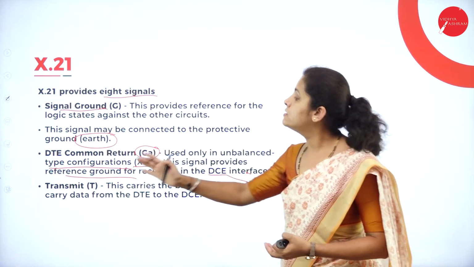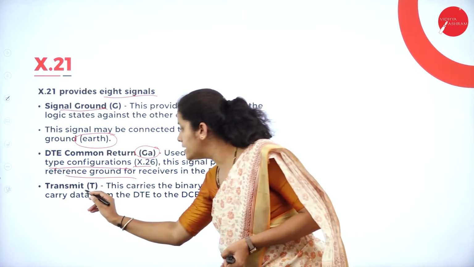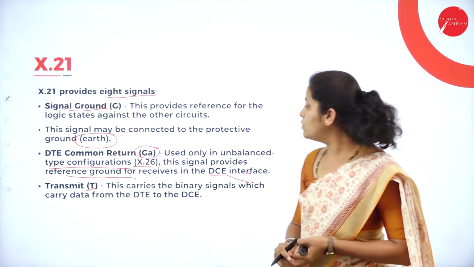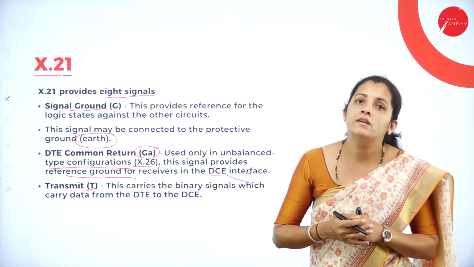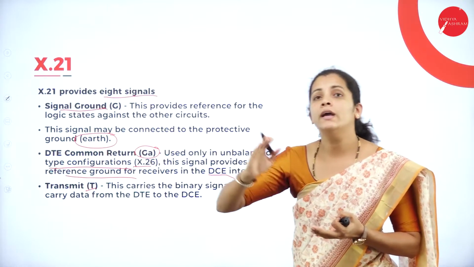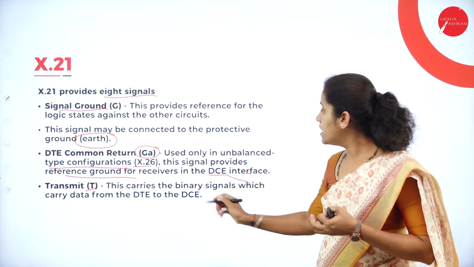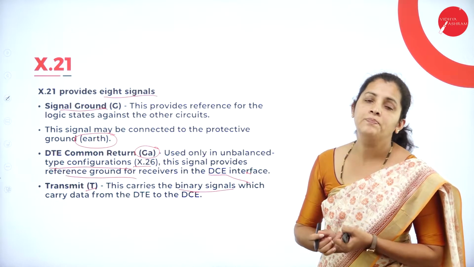The next signal here is transmit, indicated by T. It is mainly used to transfer the data from one equipment to another equipment. So this carries the data in the form of binary signals.